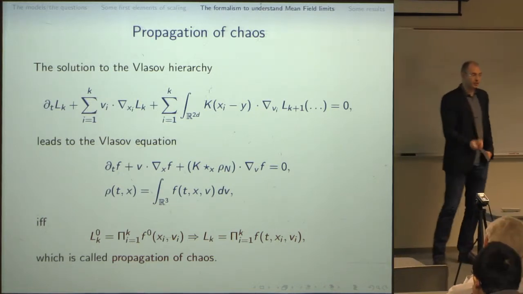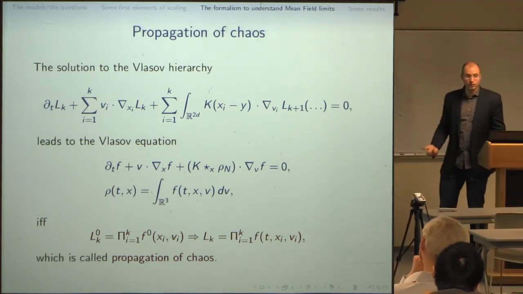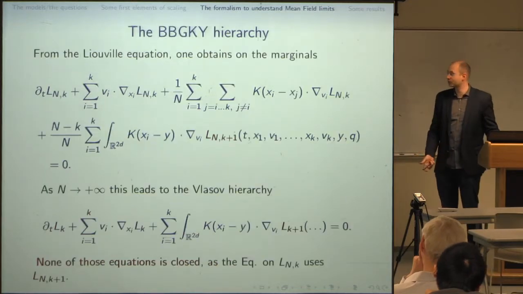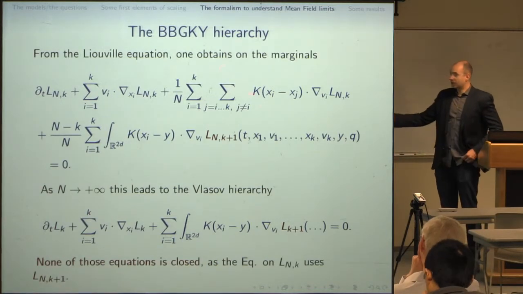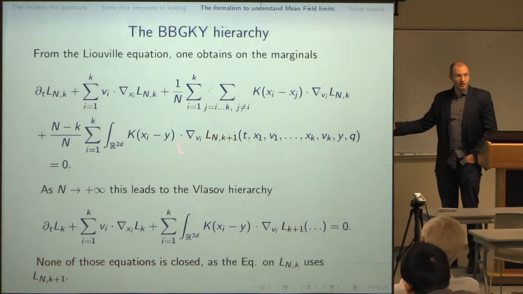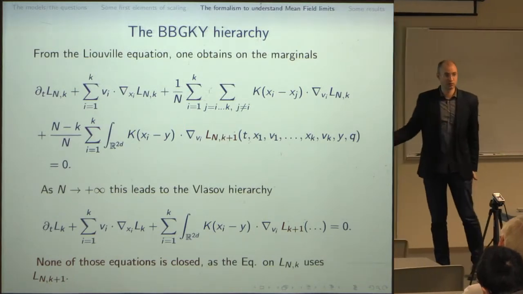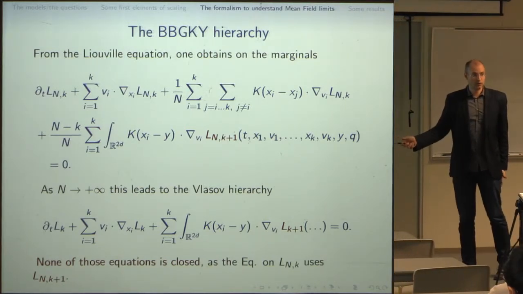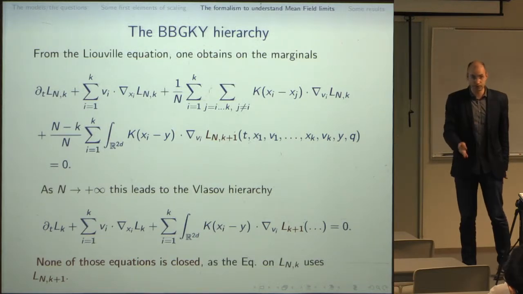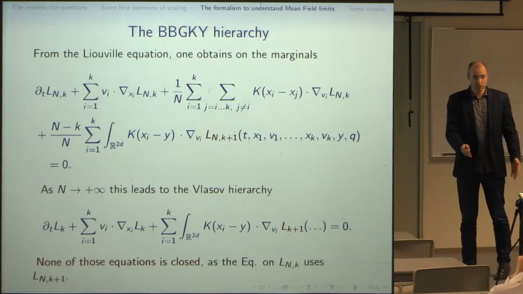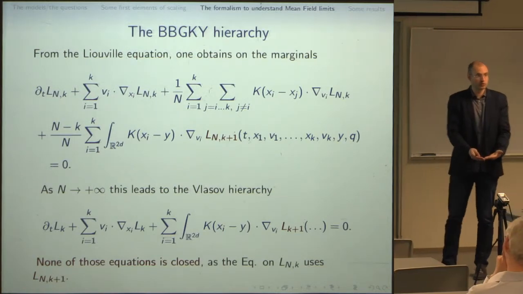The key difficulty here is that it cannot be true before you pass to the limit. So if I go back to there, I cannot have a solution to this which is a tensor product. And that's because with a finite number of individuals, you have correlation in the dynamics. This is unavoidable.